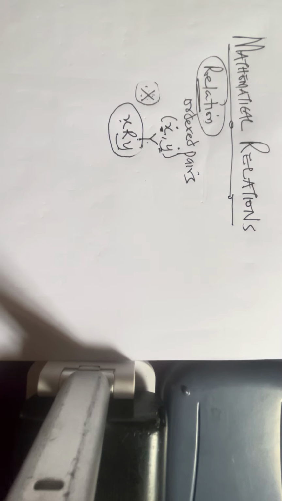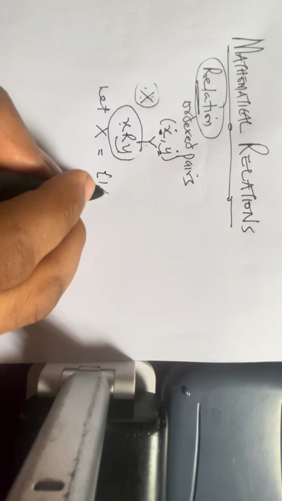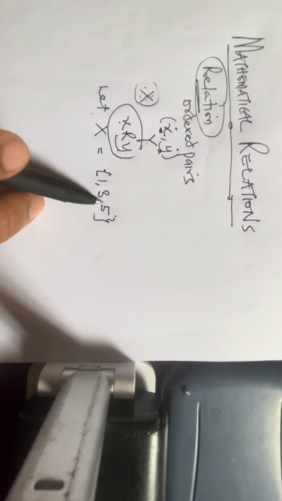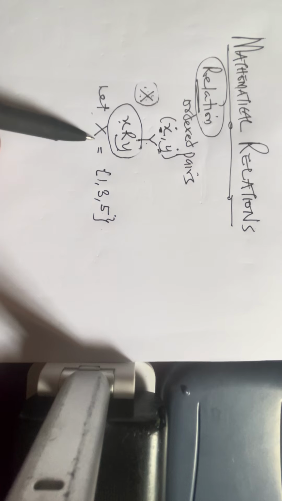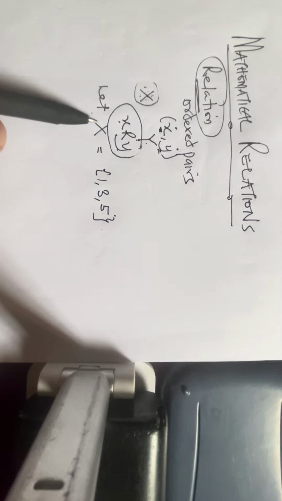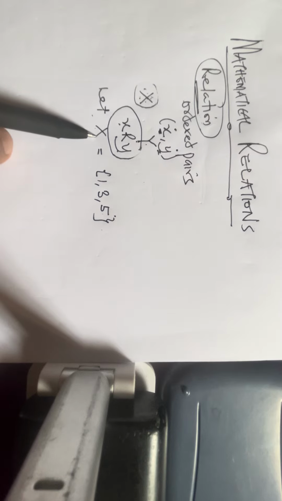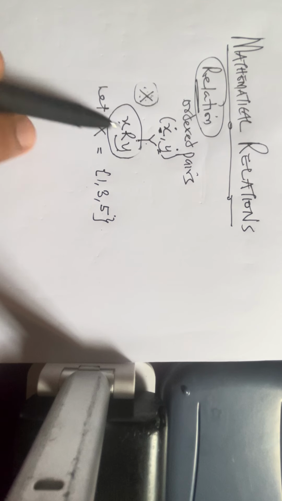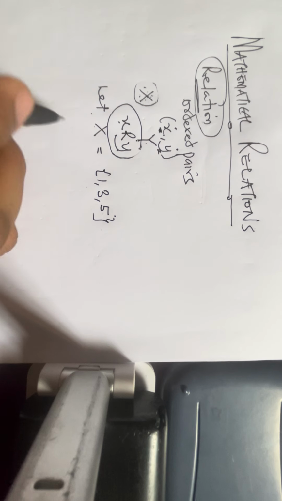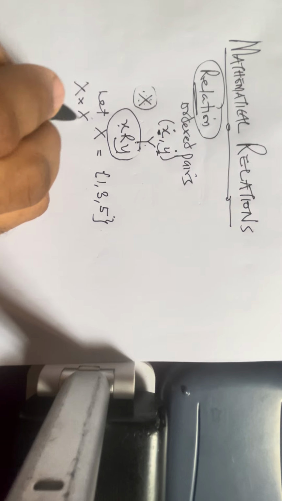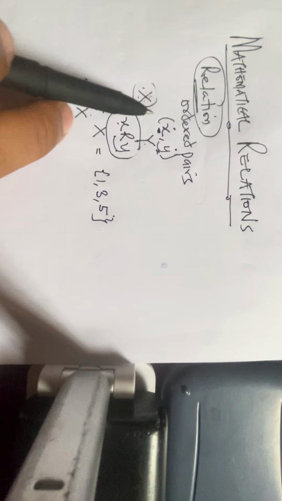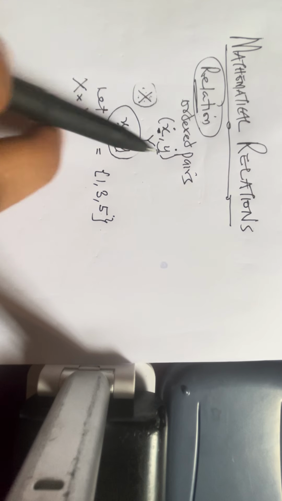For instance, let set X contain elements 1, 3, and 5. If we want to relate set X with itself, not with Y, then we will say X times X. We will not say X relation X, because relation has to do with elements in one set being related to elements in another set.